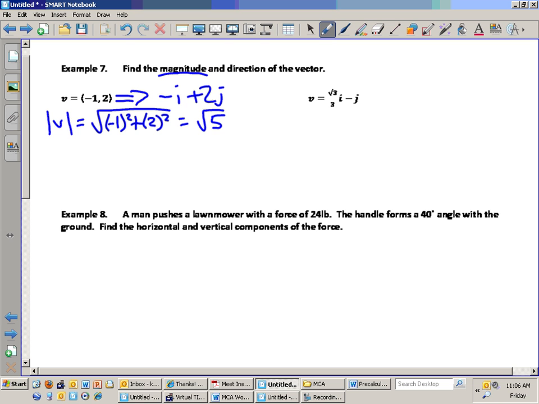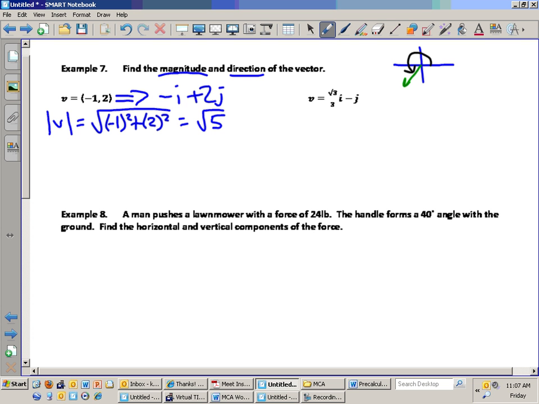Square root of 5. The other question is to find the direction of the vector. So when we were referring to direction, we were referring to if you have a vector, say, headed off in this direction, like so, then we are looking for this angle, okay? So as you see, -1, +2, which quadrant is that going to be in?